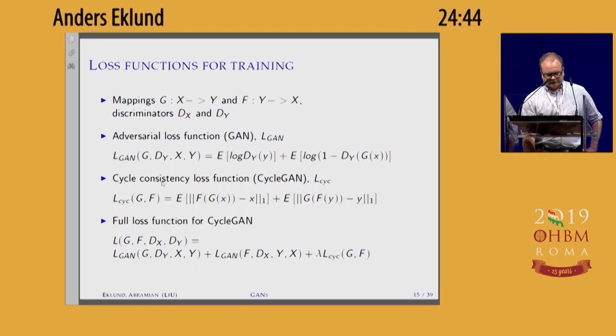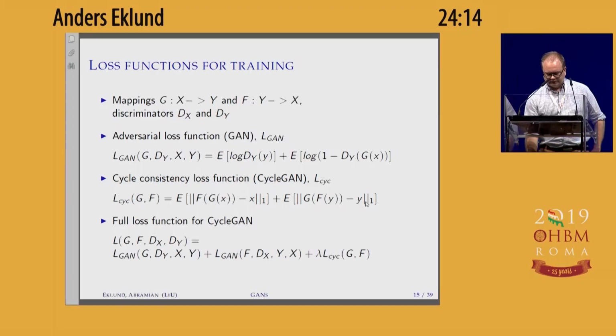So then we need to add the cycle consistency loss function. We start from some image from the X domain, we transform it to the Y domain, and then back to the X domain. And then we take the difference with the original X image. And the other way, we take an image from the Y domain, transform it to X, transform it back again to the Y domain, and take the difference with the original image.